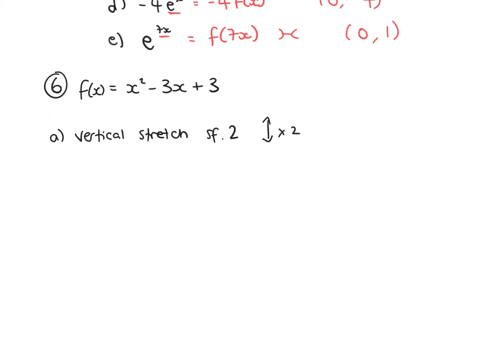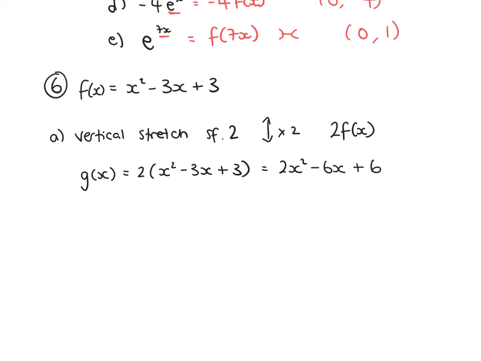I want the y coordinates always to be times by 2, so that's going to be 2f of x. So for this one, g of x equals 2 times this, or I could write that as 2x squared minus 6x plus 6.